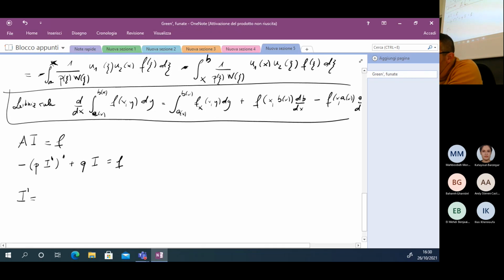What's the first derivative of I? Let's start from the first term. What I get is minus the integral between a and x of 1 over p w, u1 of c, f of c. The only function which depends on x is u2, so this is the derivative of u2 with respect to x.